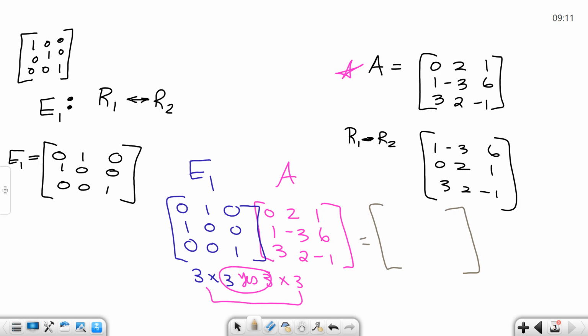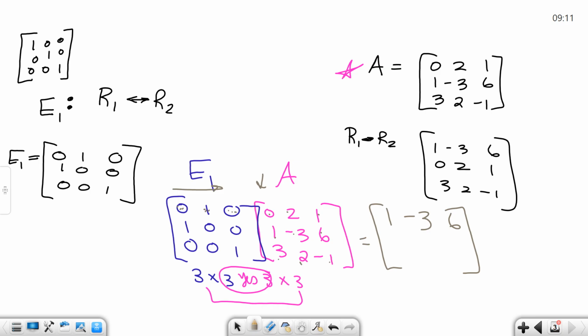You're saying, why am I doing this? I'm trying to show you how elementary matrices behave. But like I said, I won't ever give you this one. So we're going to go across the blue and down the pink. When we multiply these, we get 0, 1, 0. Let's go across. 0, -3, 0. 0, 6, 0.